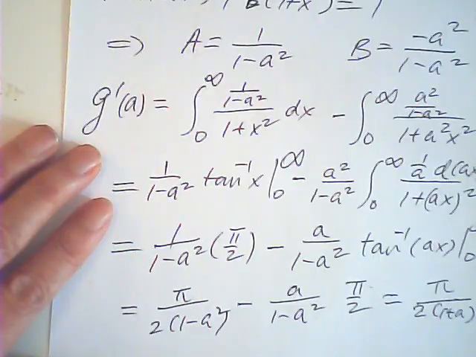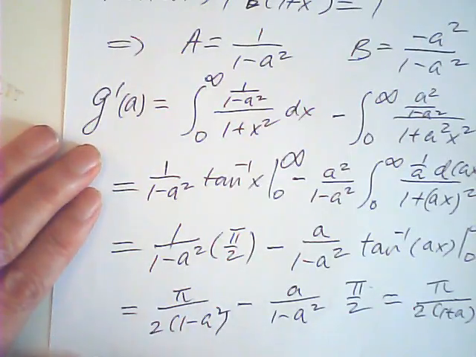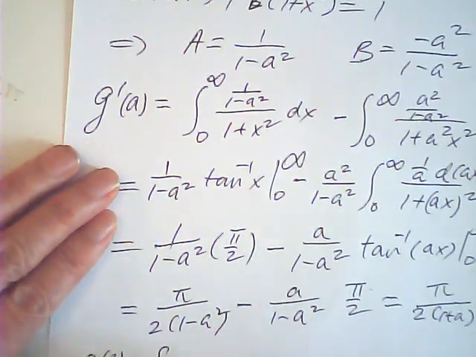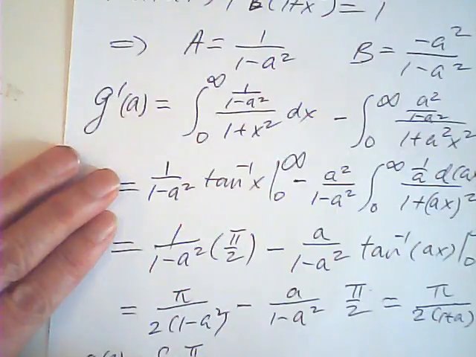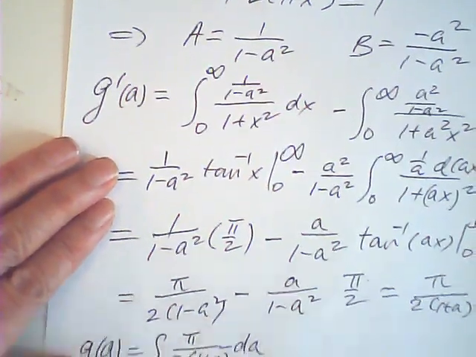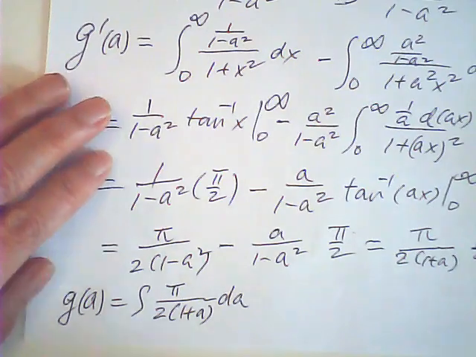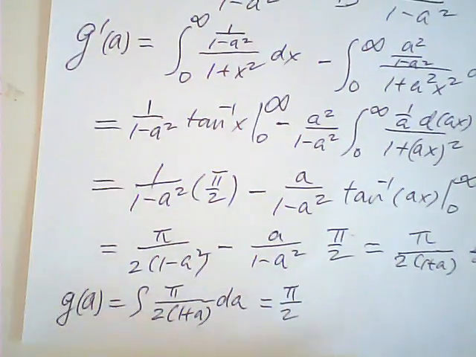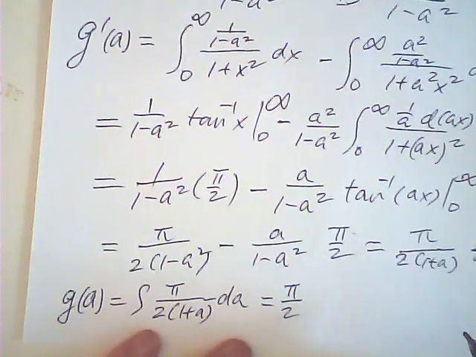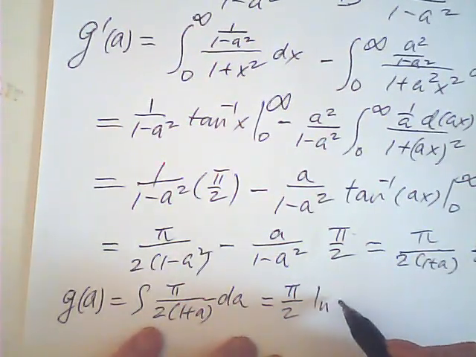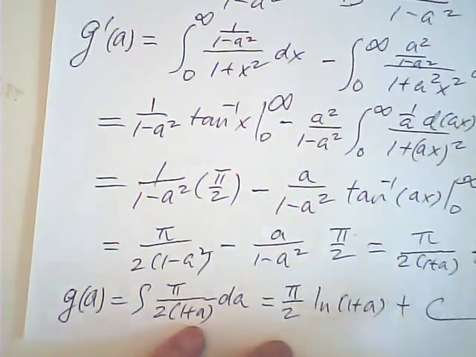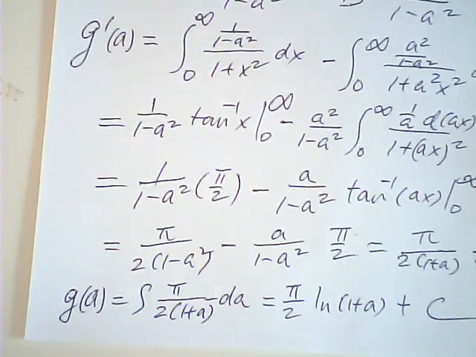So g of a is the integral of pi over 2 times 1 plus a, da. That is what I should do. So this one equals pi over 2 times log of 1 plus a, plus C. Yeah, that's better.